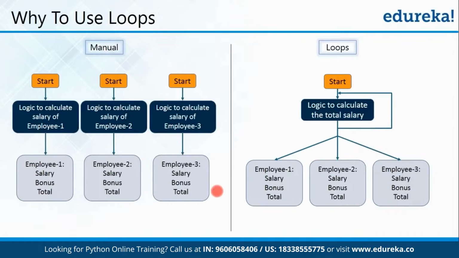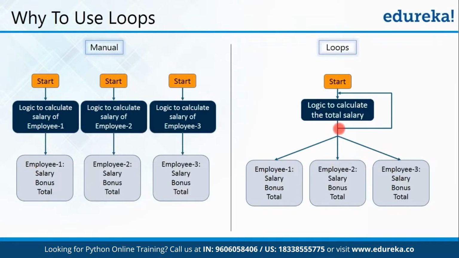Another way of approaching this task would be to write the logic to calculate the salary once and keep on iterating that logic for the total number of employees. When this loop runs once, it'll print the salary of the first employee. When the loop runs the second time, it'll print the salary of the second employee. Similarly, it'll keep on repeating, so if you have 100 employees, it'll repeat 100 times.